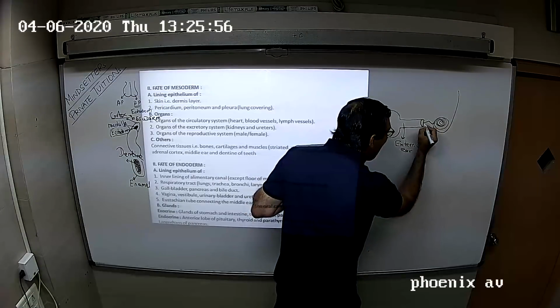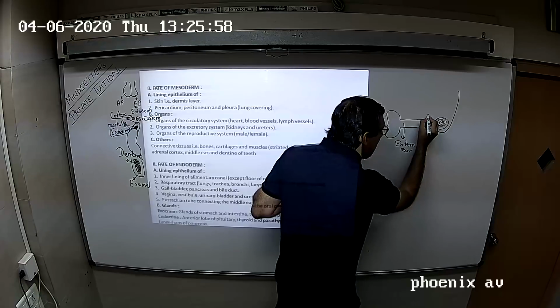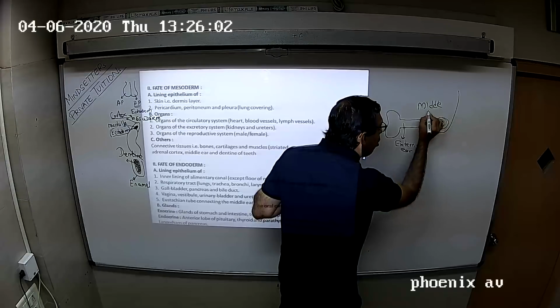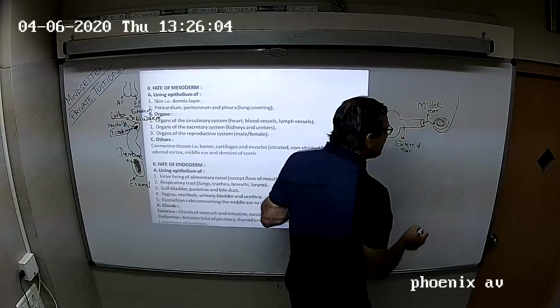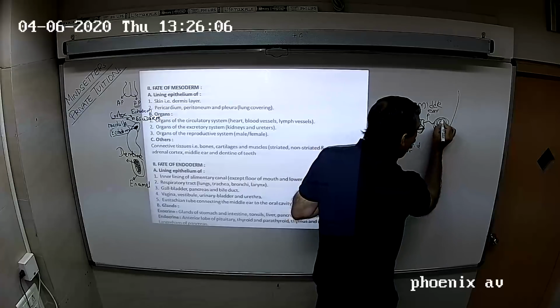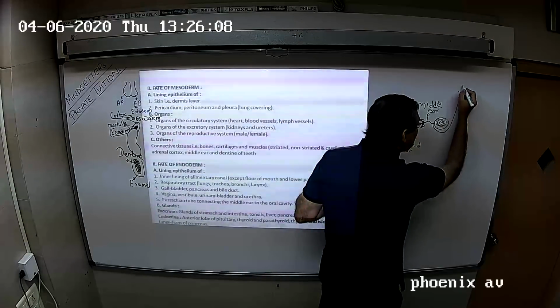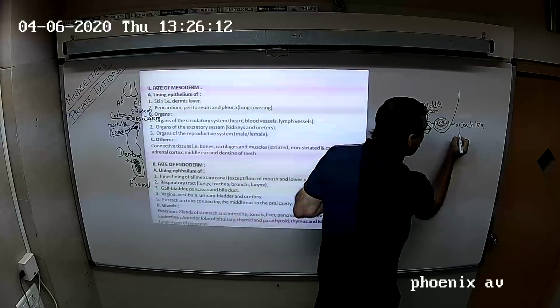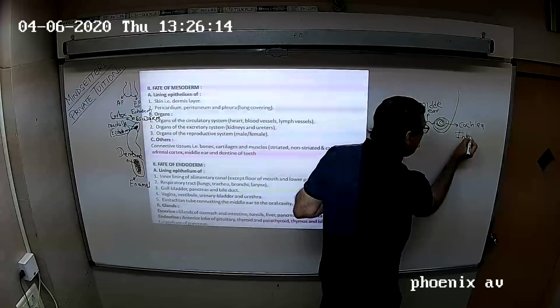This is the middle ear, which is made of bones called malleus, incus and stapes. And we have the cochlea, from which arises nerves, also called the internal ear.